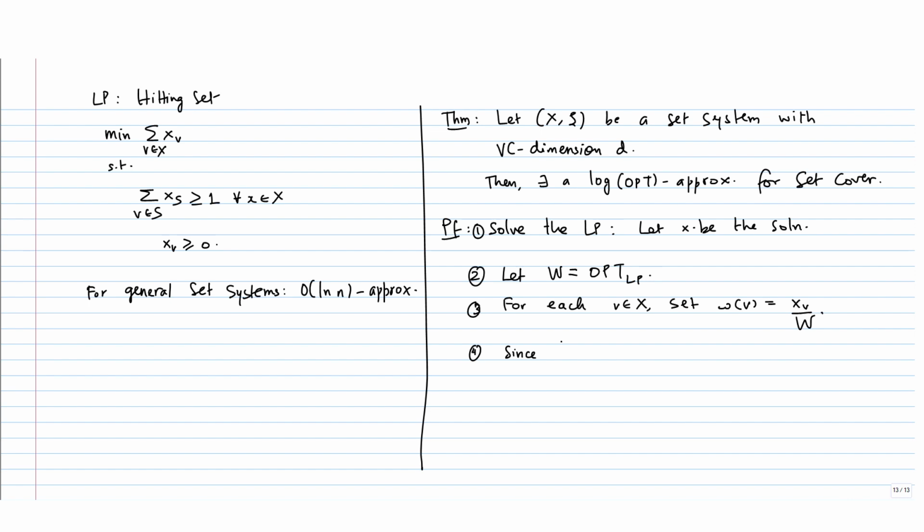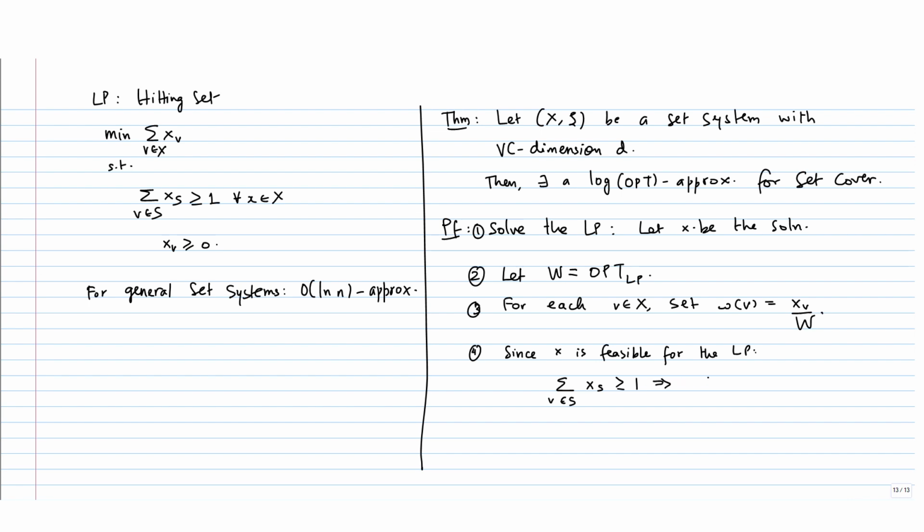Now, since x is feasible for the LP, the sum over x sub S is at least 1 for all the elements.